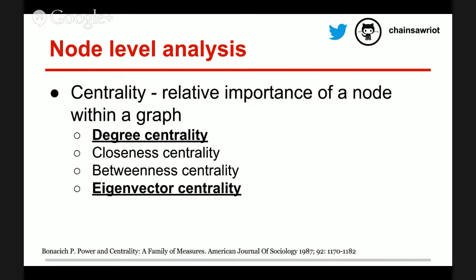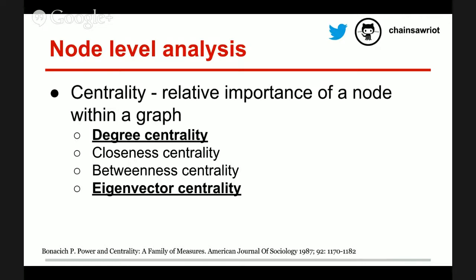And node level analysis is much more important. Most of the people, when they are talking about social level analysis, are actually doing node level analysis. One of the analyses that most people do is to calculate the centrality of each node in the network.